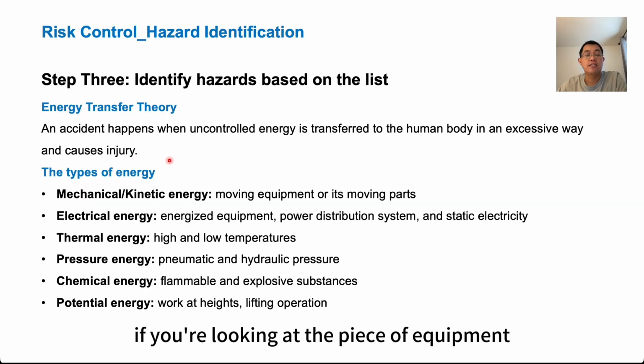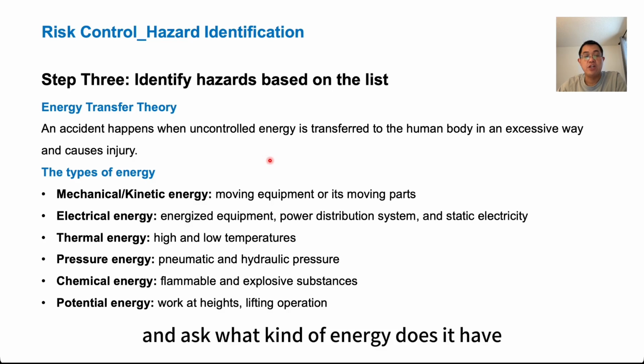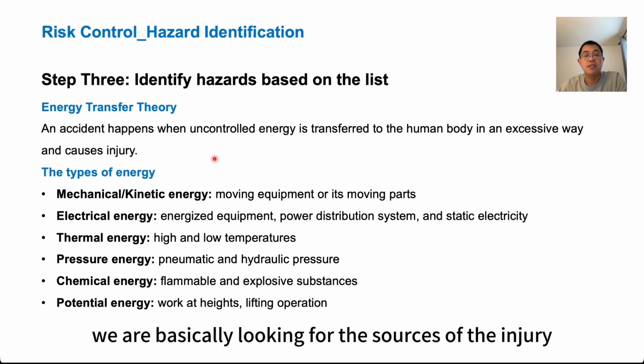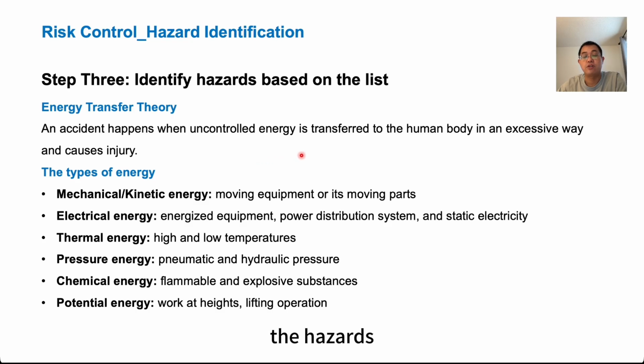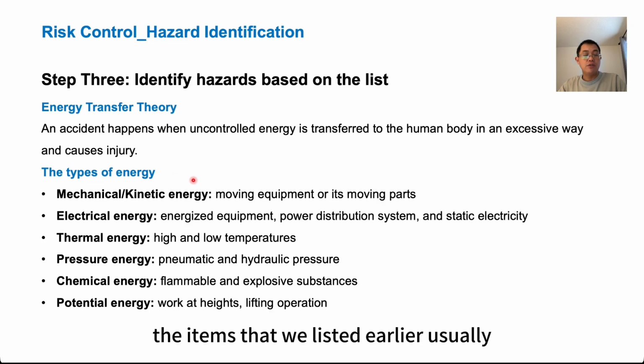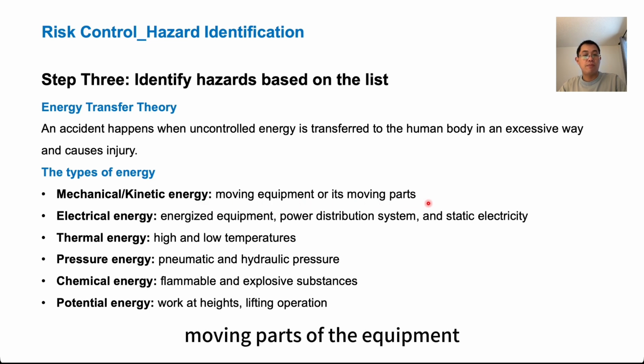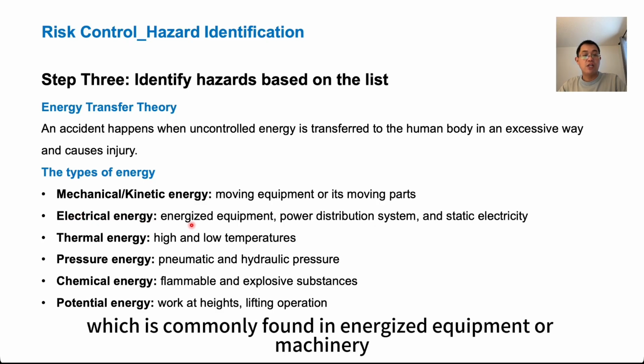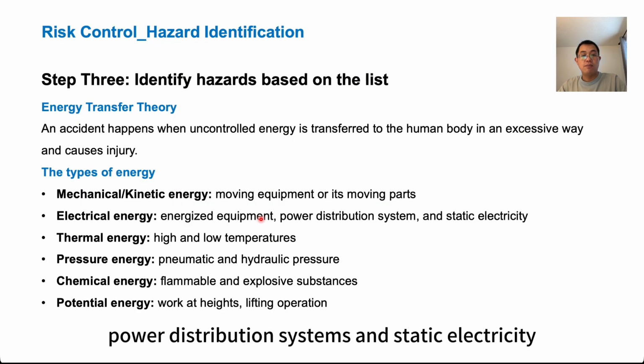So, if you're looking at a piece of equipment and ask, what kind of energy does it have? We are basically looking for the sources of the injury, which are, in other words, the hazards. In the workplace, the items that we listed earlier usually involve a few common types of energy, like mechanical or kinetic energy, which exists in moving equipment or moving parts of the equipment. We have electrical energy, which is commonly found in energized equipment or machinery, power distribution systems, and static electricity.